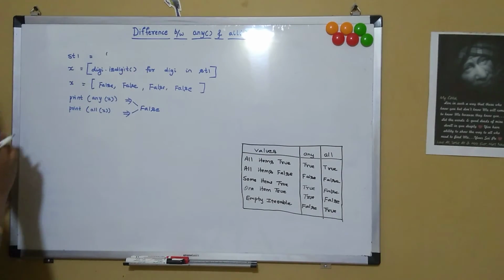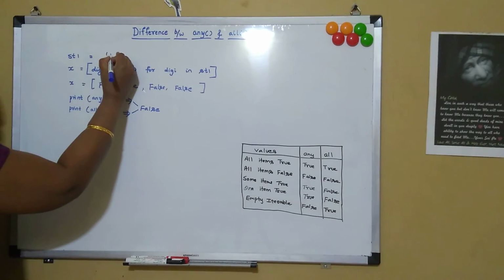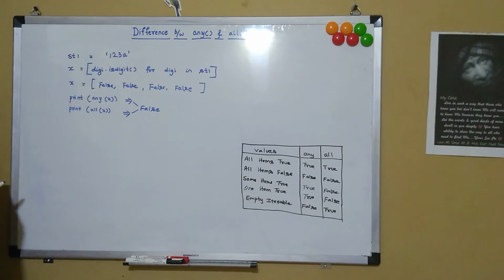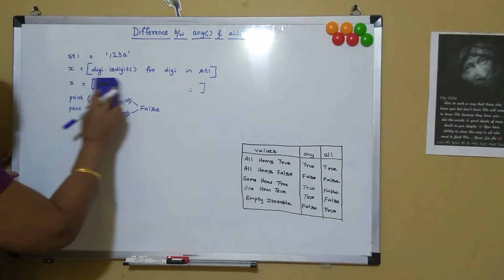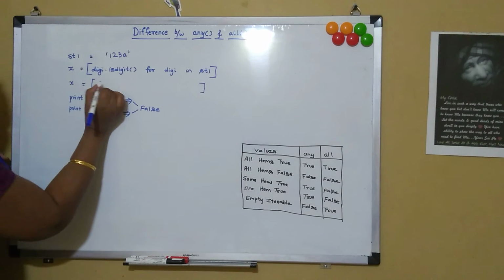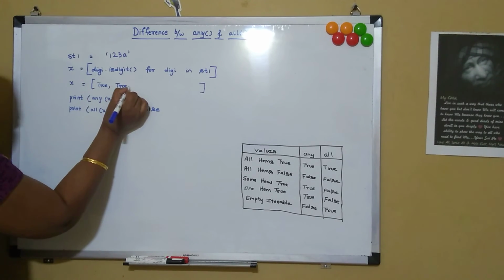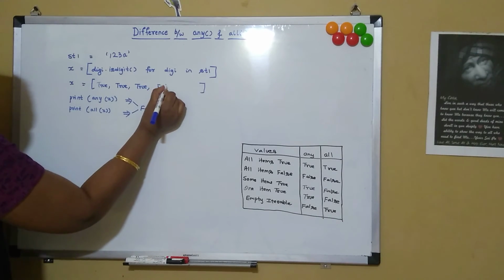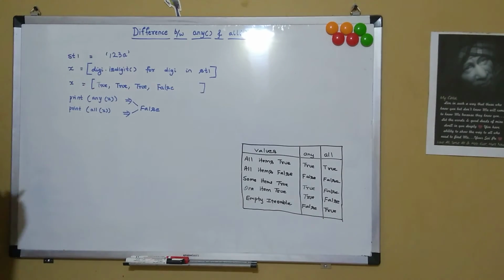Now some items are true. 1, 2, 3 and then A. So some items are true. 1, 2, 3 are true. So it will be true, true, true, and A is false since it's an alphabet and not a digit.